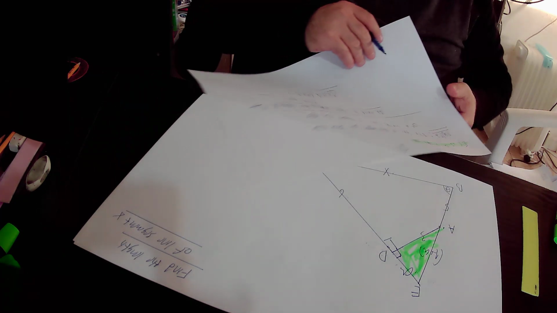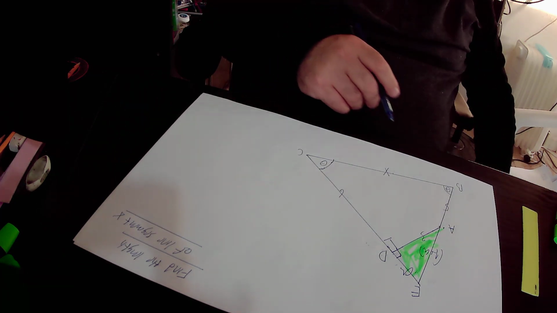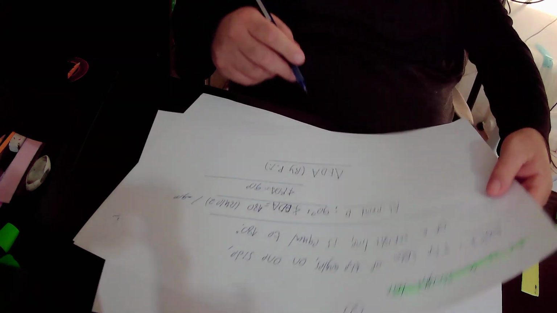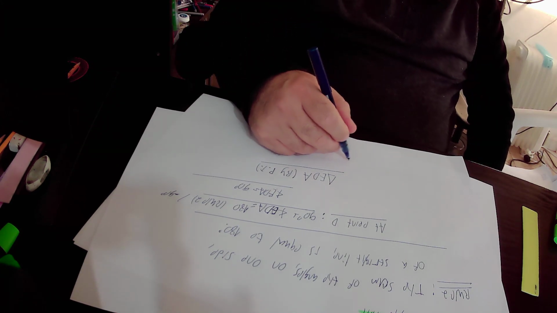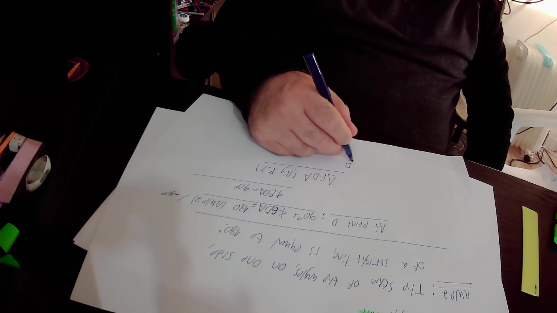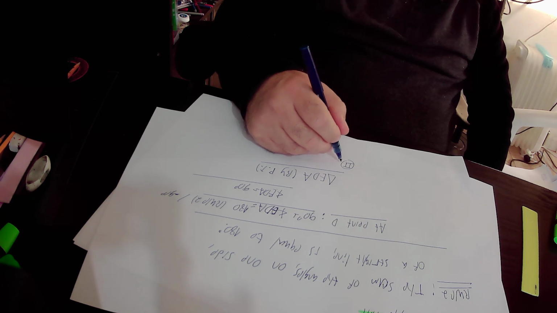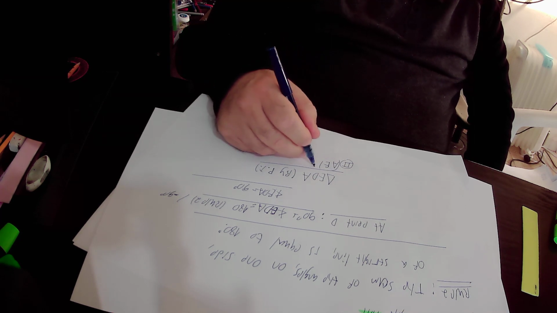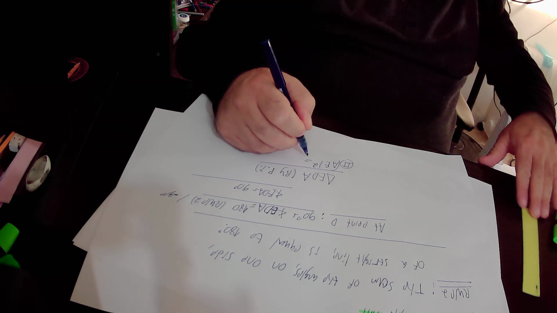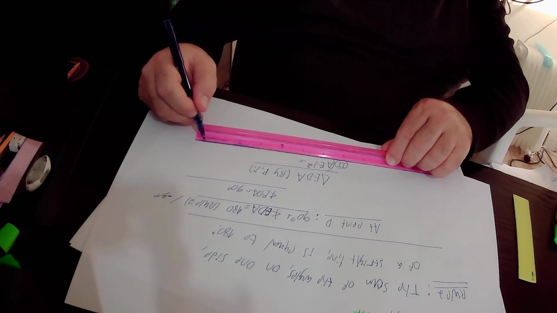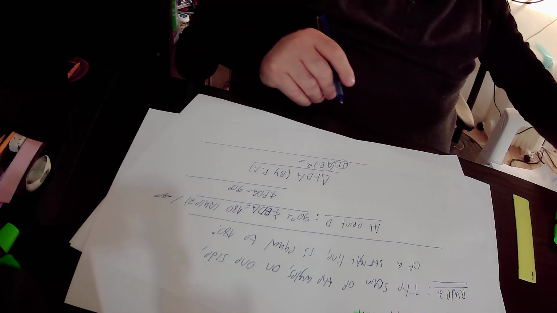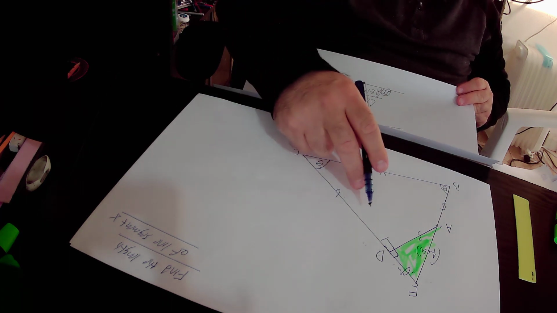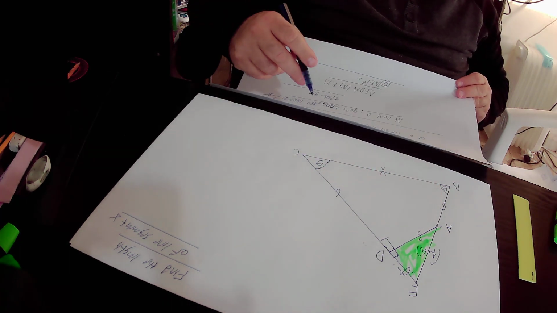That is to say, the hypotenuse is AE, therefore the square of the hypotenuse is AE squared. And it must be equal to the sum of the squares of the perpendiculars, that is to say, AD squared plus ED squared.